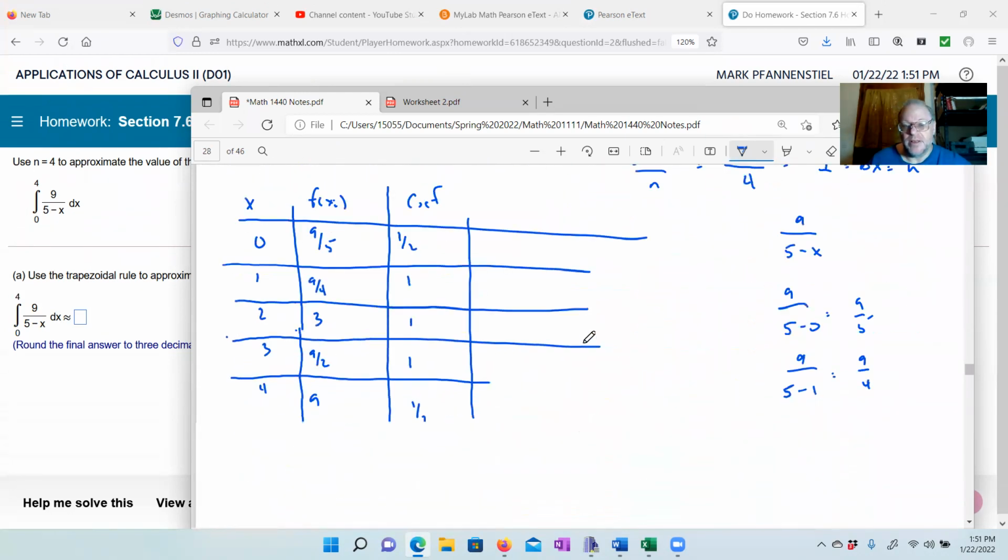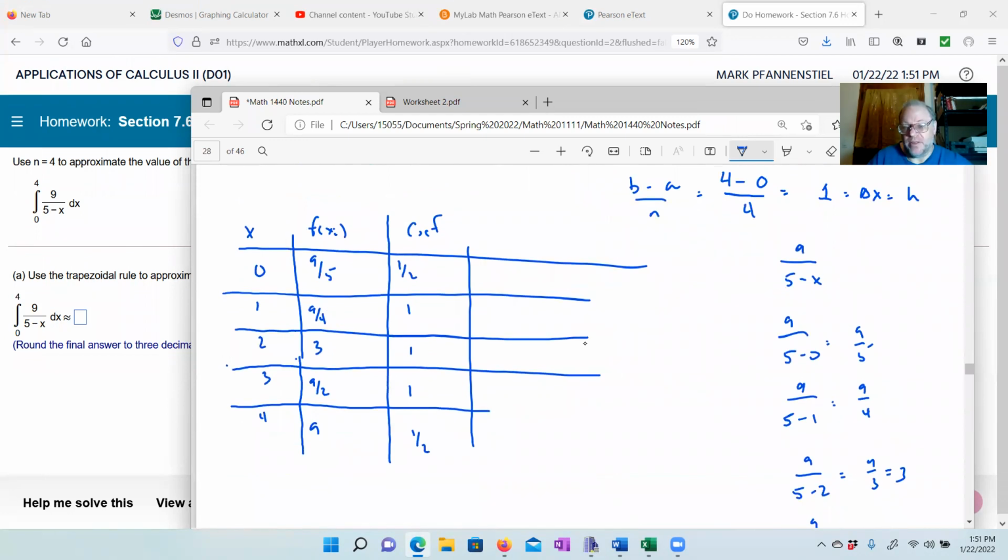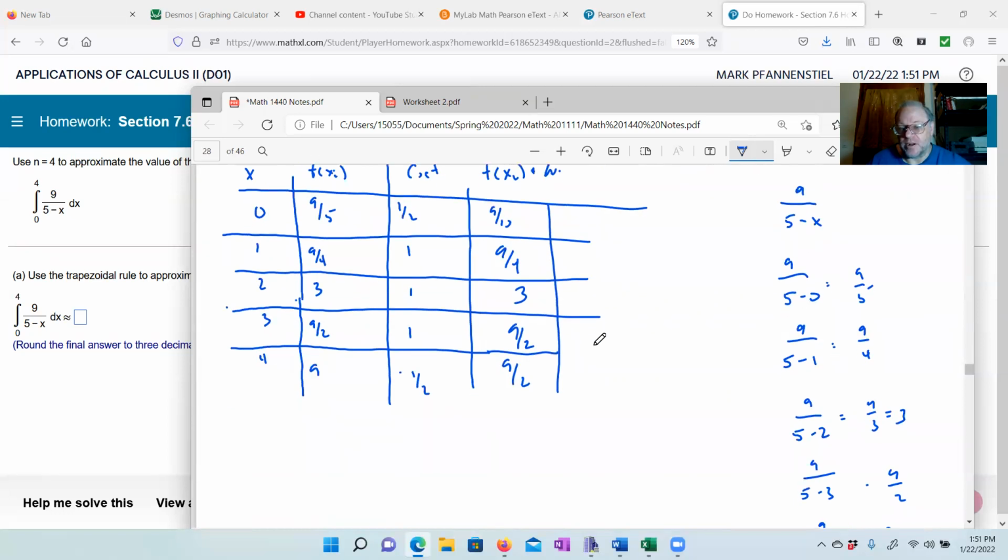So all I'm going to do is multiply f of xi times my coefficient. You can call it times weights. Weights would be the 1/2, the 1. So this is going to be 9/10. This is just going to be 9/4, 3, 9/2, and then this also is going to be half times 9, 9/2. These are the ones I'm going to add up.